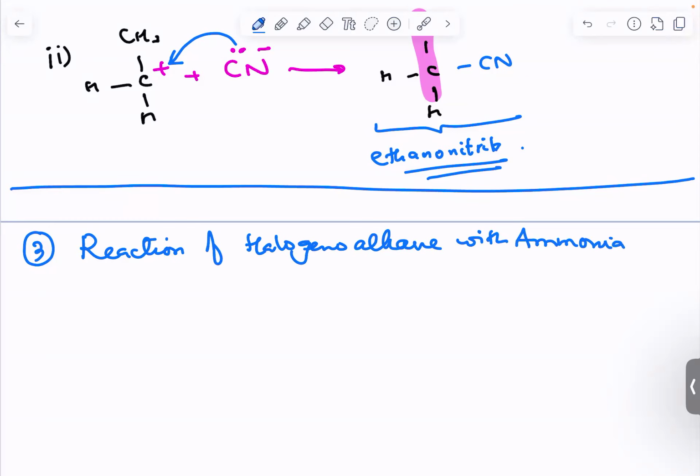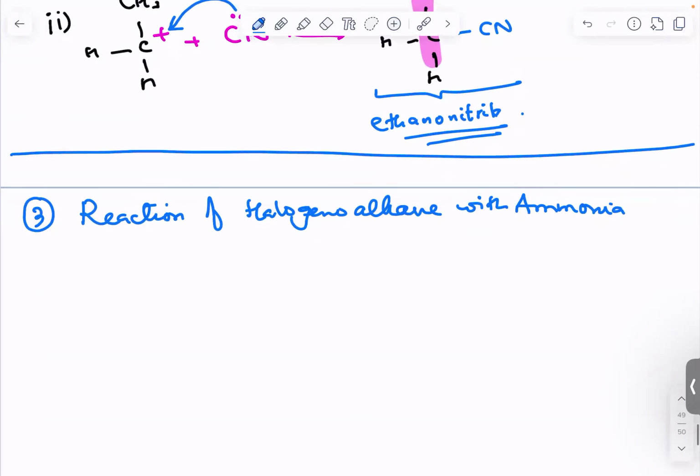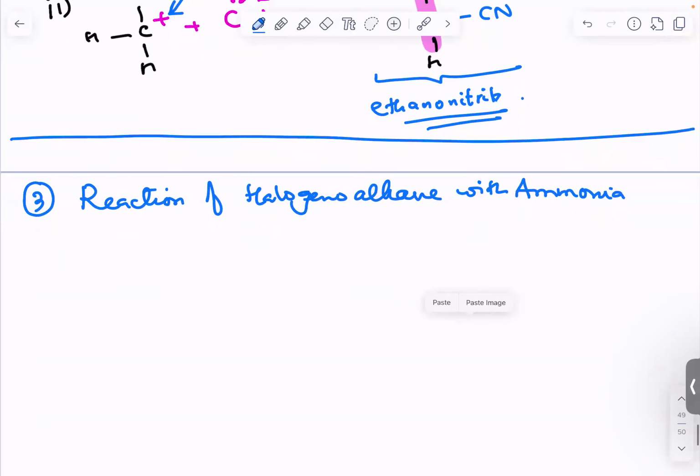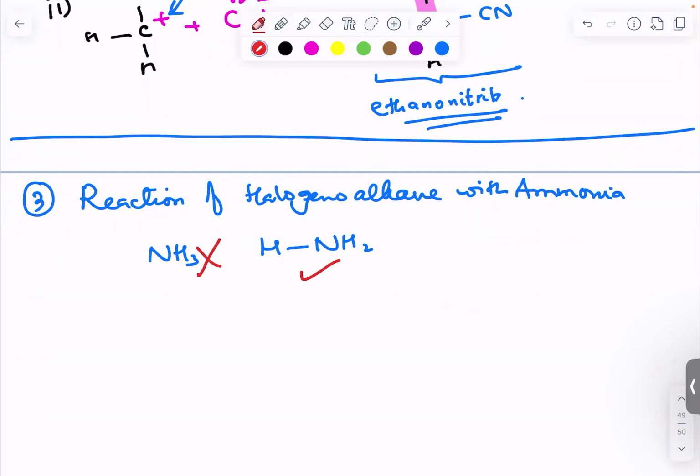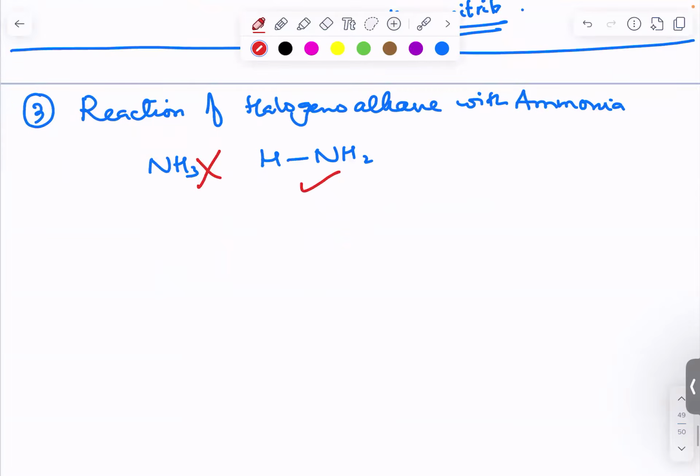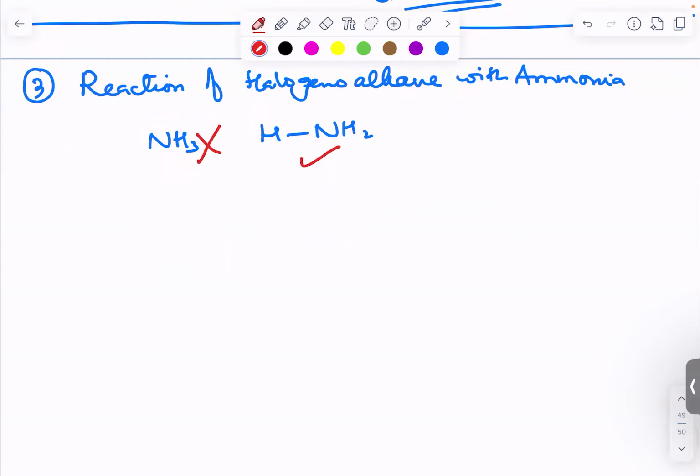Now, always keep this in mind: ammonia should be written like this, NH, NH2. Instead of writing NH3, write it HNH2. So this is a proper representation. It will help you a lot in forming the product. However, in your book, it is given in a different way, so I'm going to follow that. They are not using this, which is quite surprising.